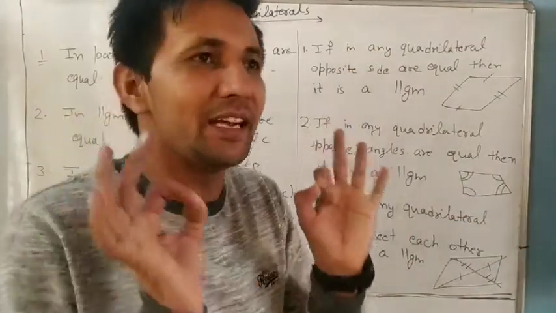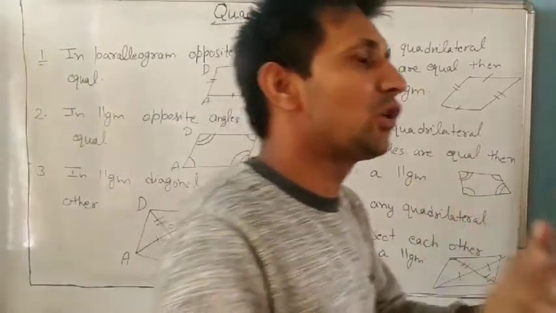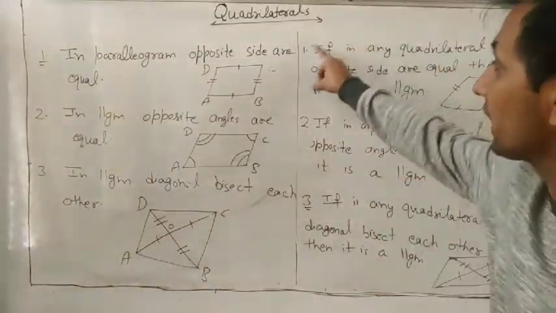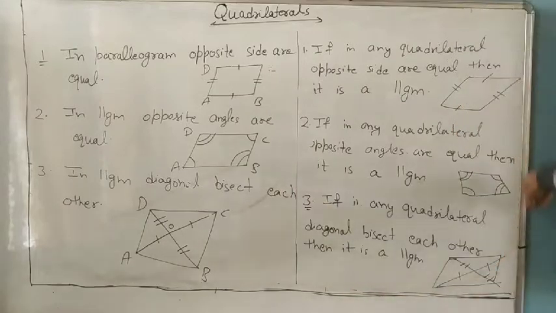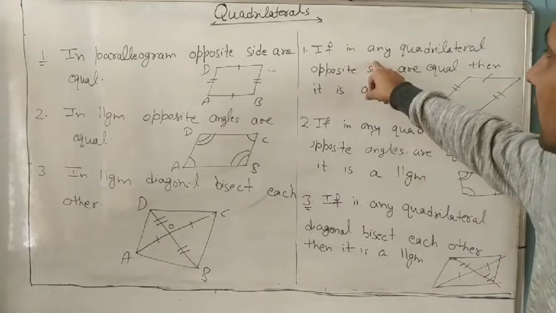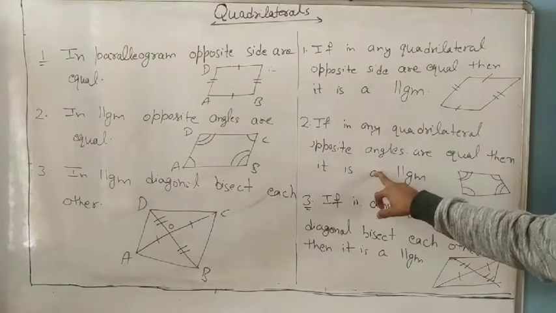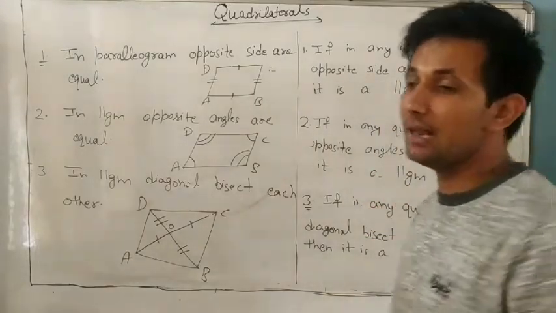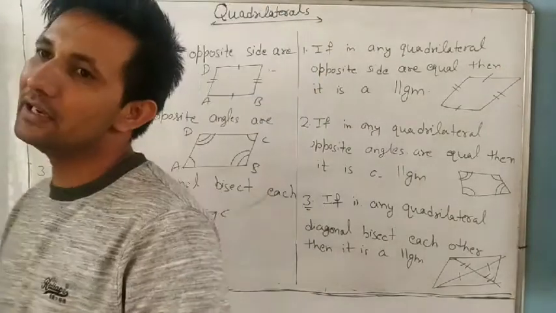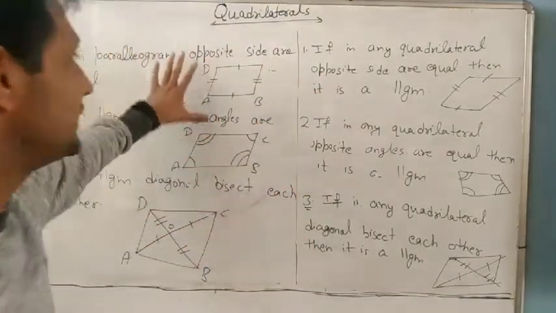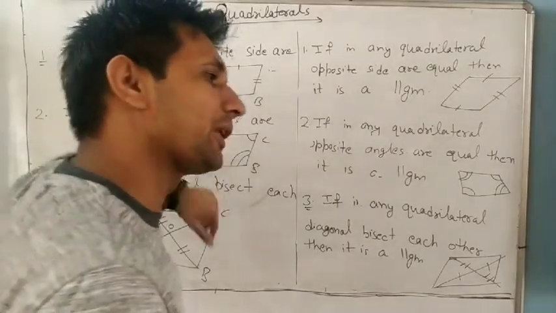If in any quadrilateral you want to prove it is a parallelogram, we have to show either one property of these three, only one. Either we show that opposite sides are equal, or opposite angles are equal, or diagonals bisect each other. But if a parallelogram is already given, we can use these properties directly.